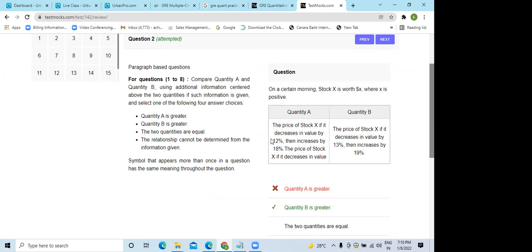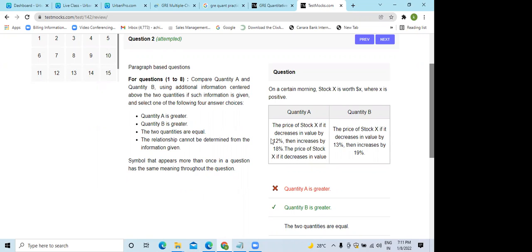On a certain morning, stock X is worth dollars X, where X is positive. The price of stock X, if it decreases in value by 12%, then increases by 18%.